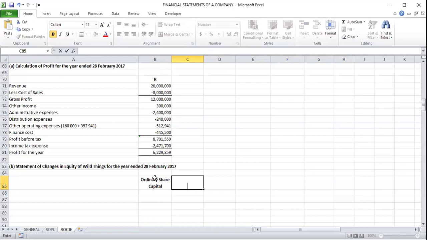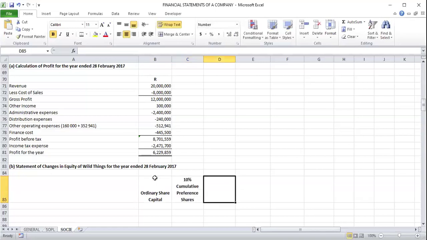All right. Then we have, okay, let me, 10% cumulative preference shares. Non-cumulative preference shares.